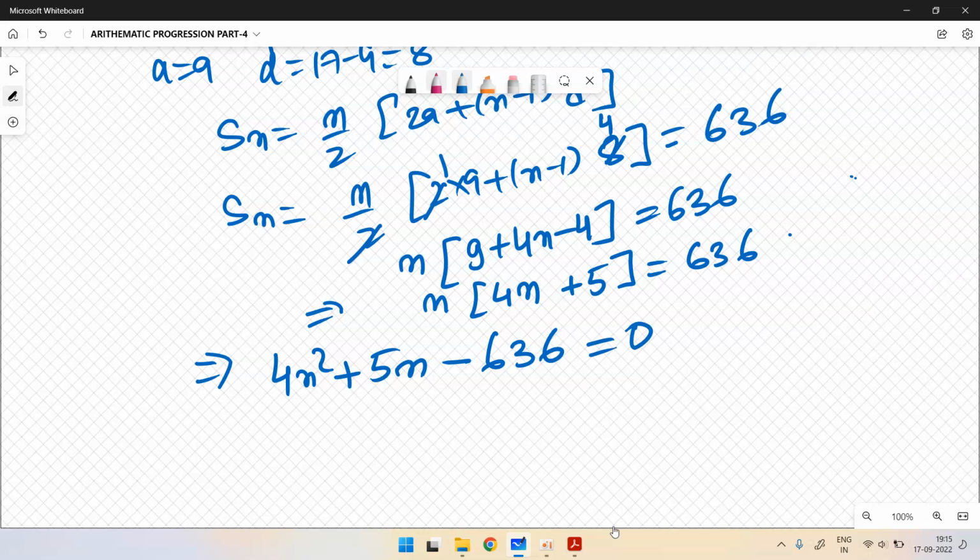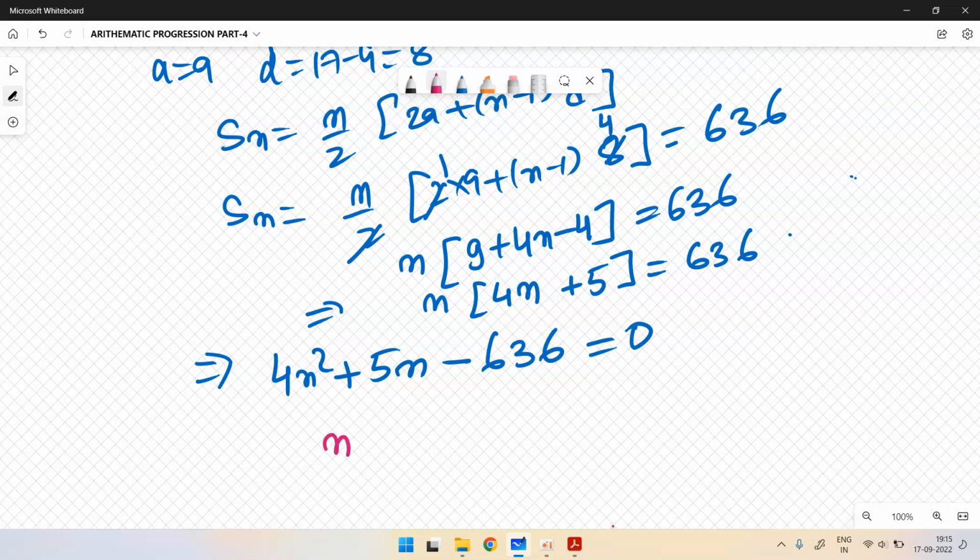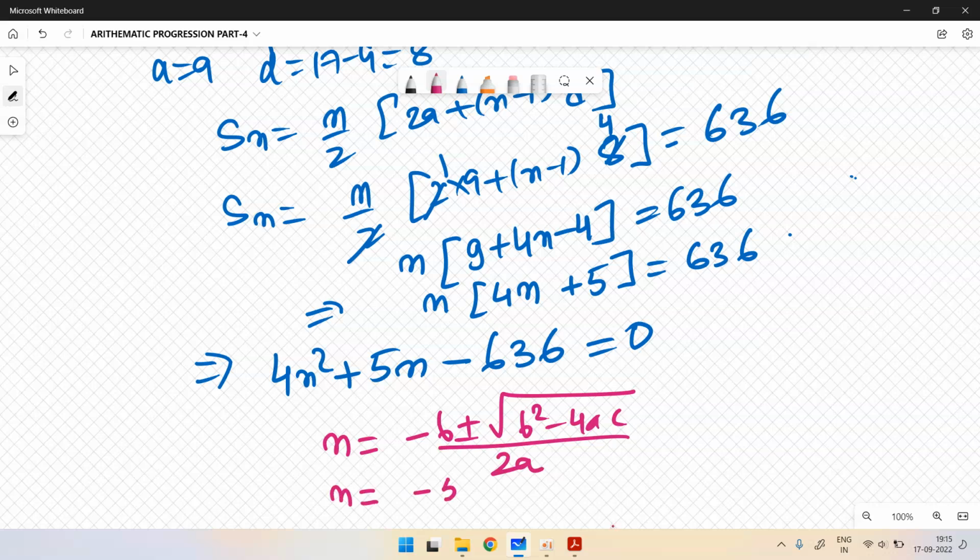Now you know how to find this using minus b plus minus under root b square minus 4ac by 2a. So what is the value of n? Minus of 5 plus minus under root b square, which is 5 square, minus 4 into a, which is 4, into c, which is minus 636.